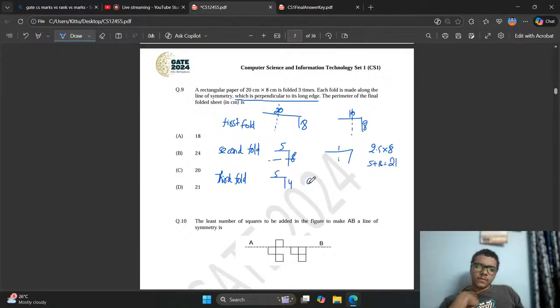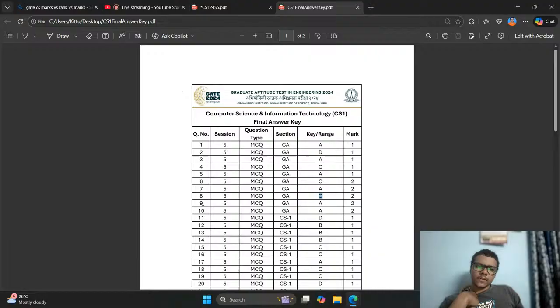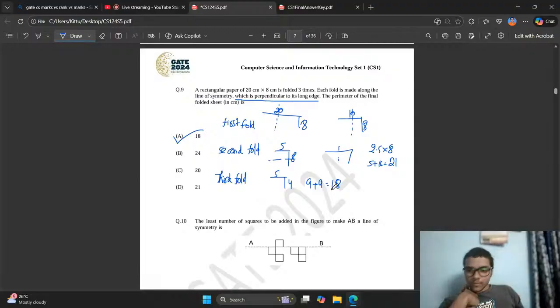But now the perimeter is 9 plus 9, 18. Perpendicular to its long edge. So 9 is given as A. So not this.